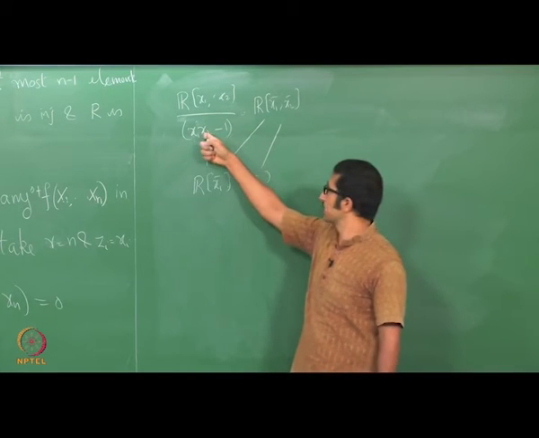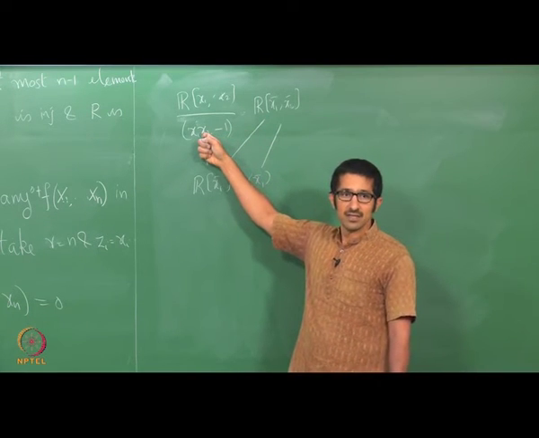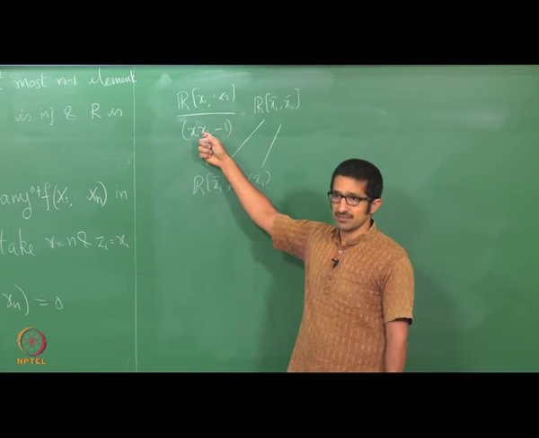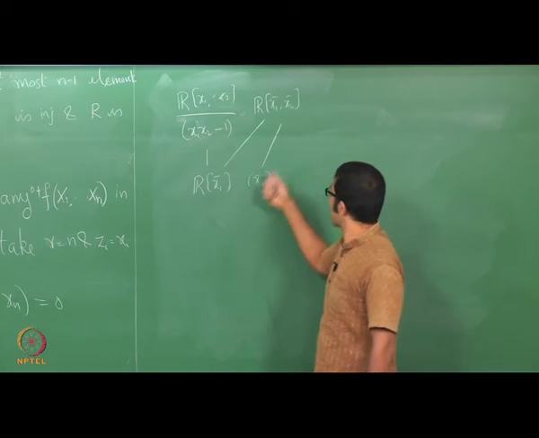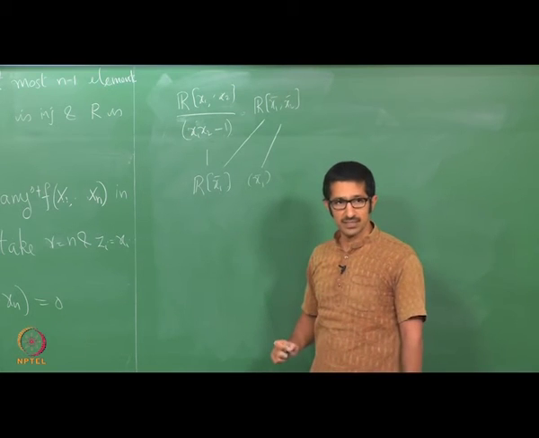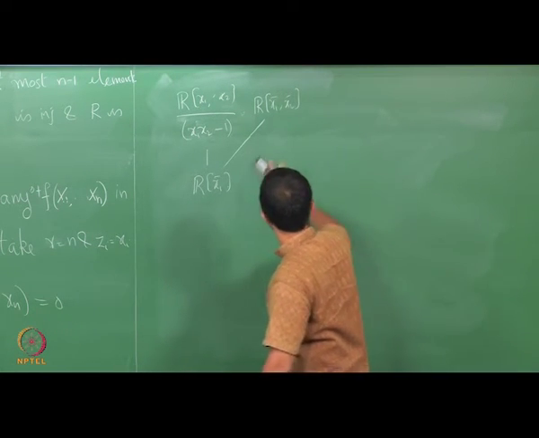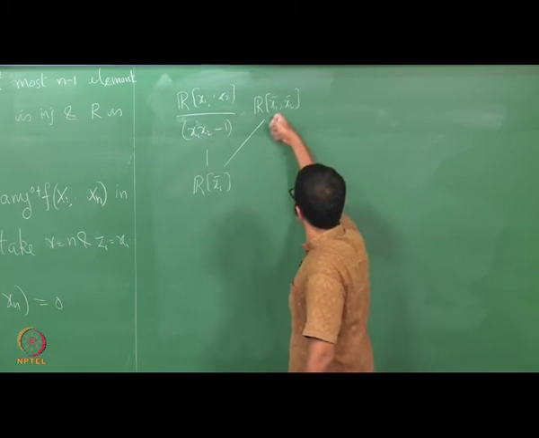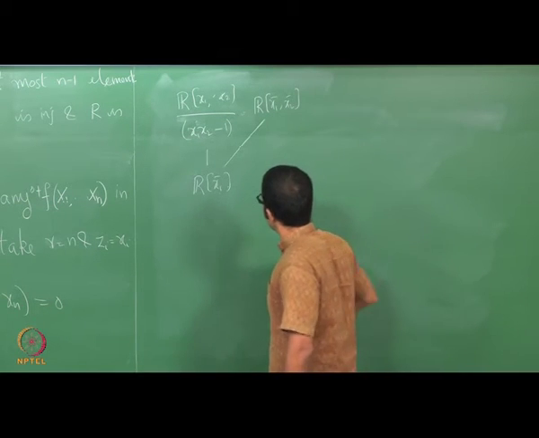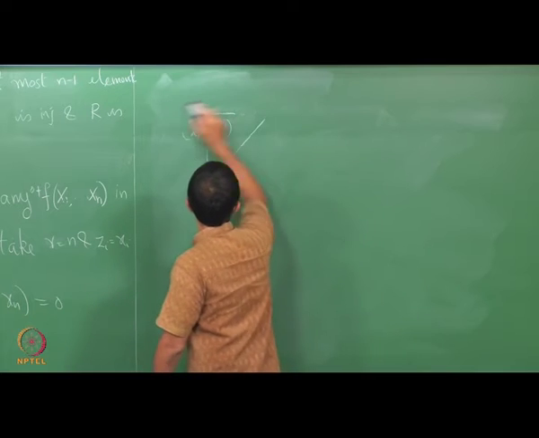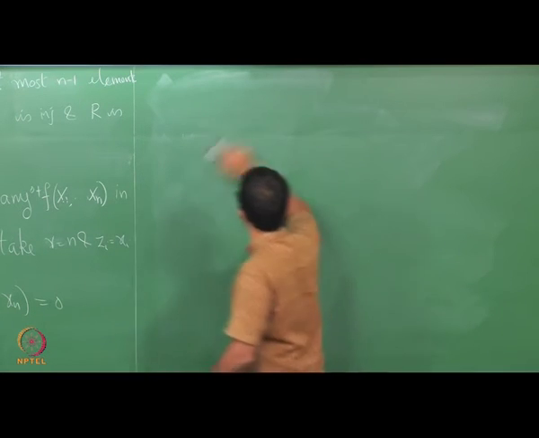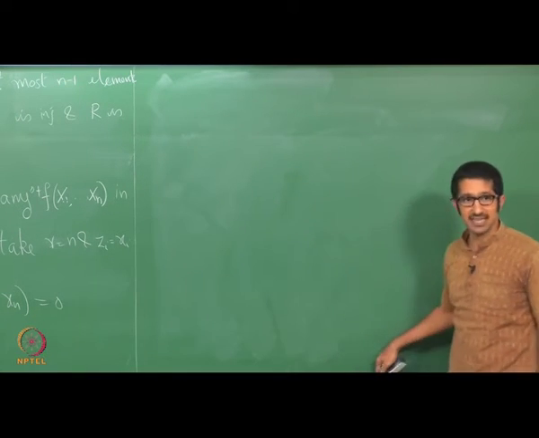If it contains x1 bar, it will become the whole ring. So, there are no prime ideals here which contain this one. So, therefore, this is not an integral extension. So, if I simply take some variables, that might not work.